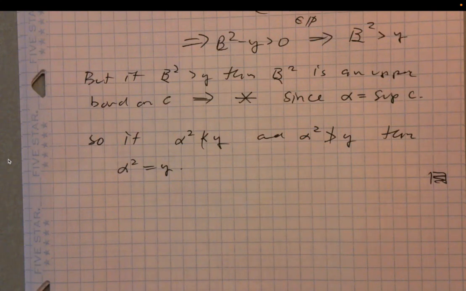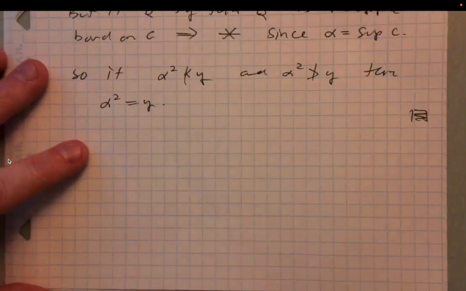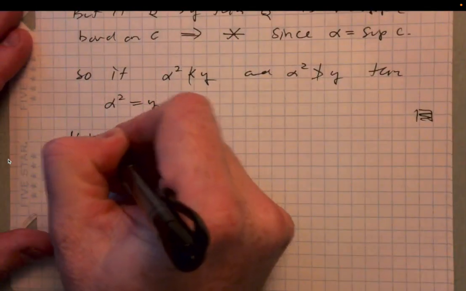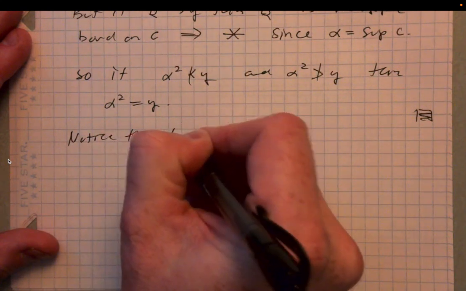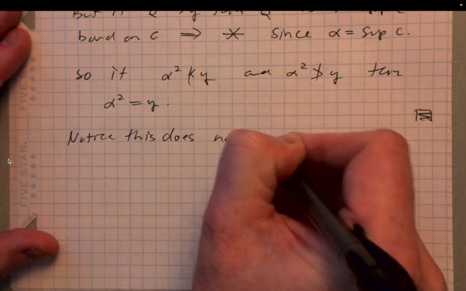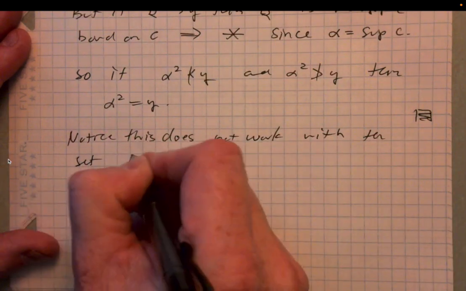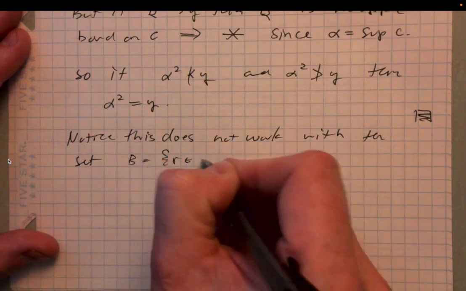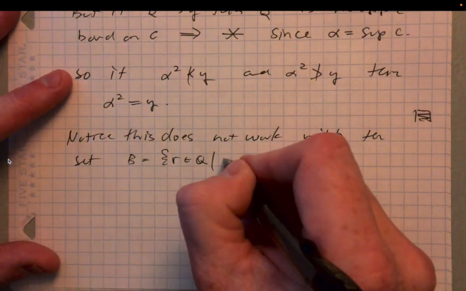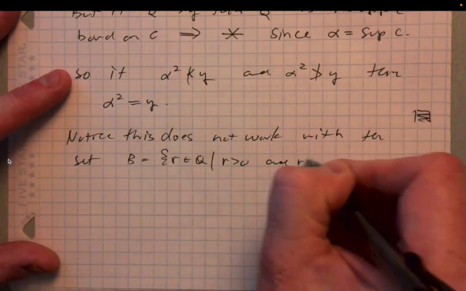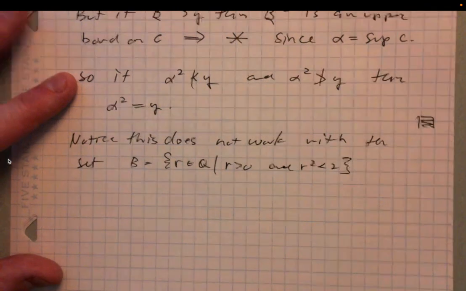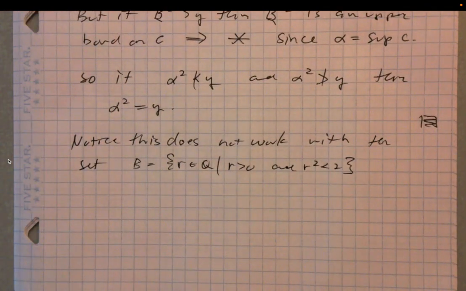Okay. Now notice, this argument definitely does not work if we're dealing with the previous set B, where B is all rational numbers r where r is greater than 0 and r squared is less than 2. It doesn't work there, right?